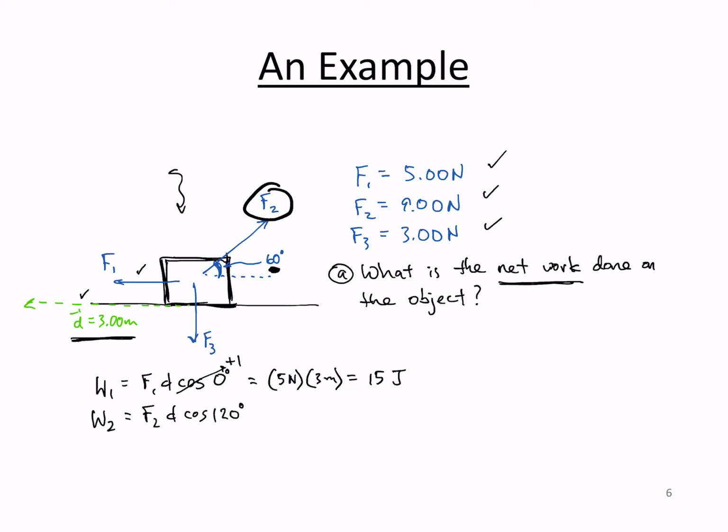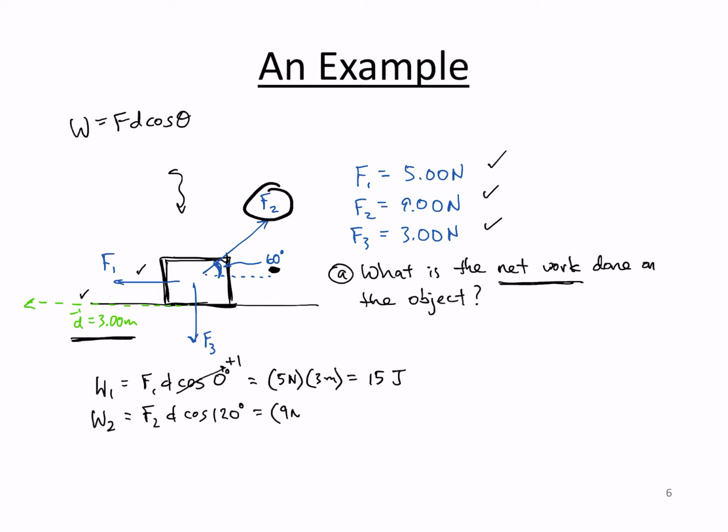That's the one little wiggle that you might get caught by if you tried doing this problem and weren't thinking carefully about what that theta in the work equation, W equals F d cosine theta, is. That's the angle between the force and displacement vectors, not the angle measured from the positive x-axis like it often has been in the past. Once we plug all of this in, cosine of 120 degrees gives you negative 0.5.